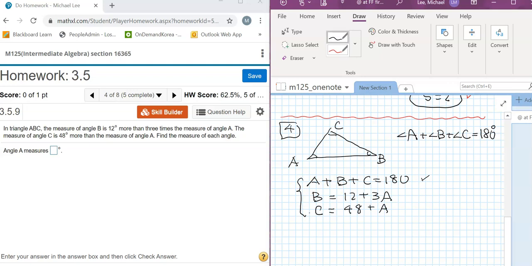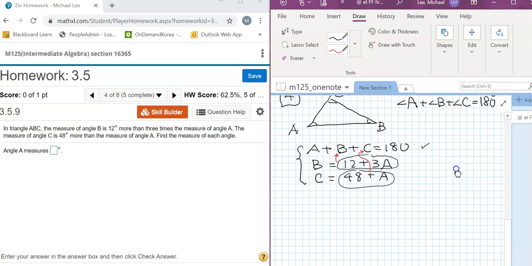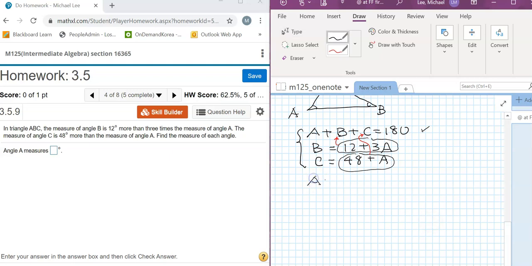But when I look at this, angle B is written in terms of A. So is angle C. So I'll just substitute right away, that's for the B and that goes to C. So let me rewrite. A plus 12 plus 3A plus 48 plus A is 180.